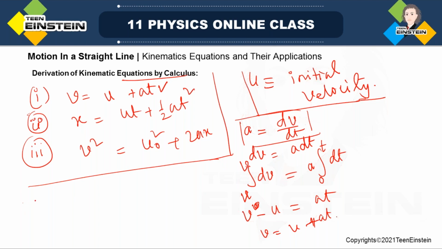Let us derive the second equation, which is x is equal to... so look here, from this expression itself we will go. We have got acceleration is equal to dv dt.